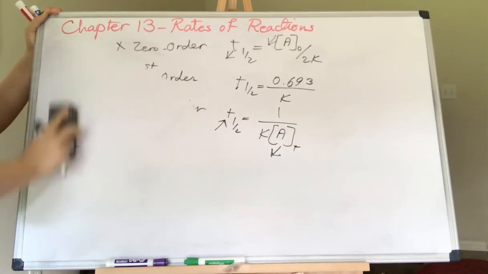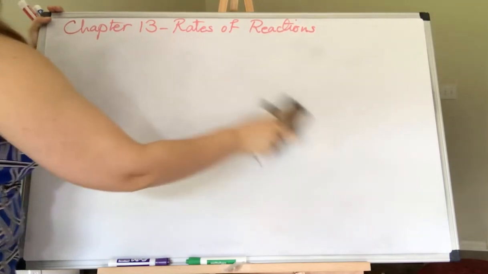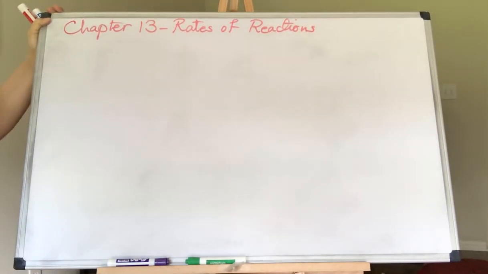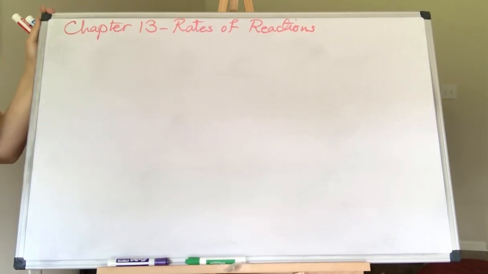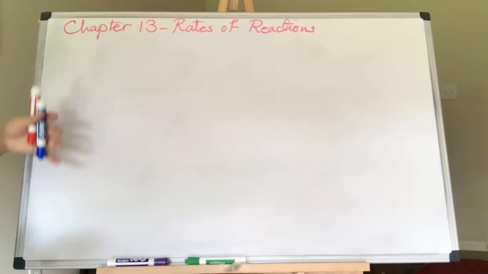Alright, after knowing all these, we can talk about the rate constant and its relation to the temperature. It takes us to the collision theory and activation energy. The theory is that temperature increases the reaction rate because the collisions are going to be more.